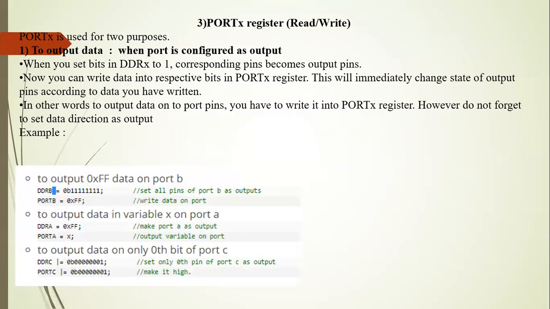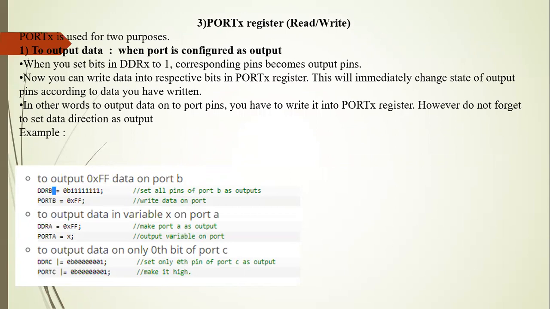Now comes the next, the PORTX register. PORTX has two purposes. First, we'll look at the first purpose, which is to output the data. Again we'll take our same example: I have to control the on and off of 4 LEDs. Using DDRX I will set 4 bits as 1.